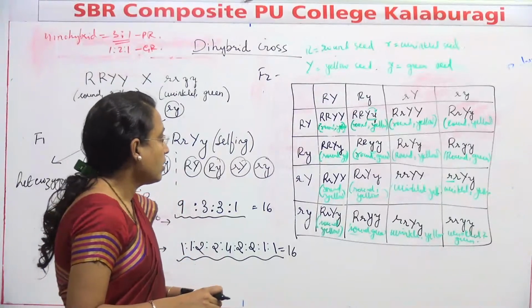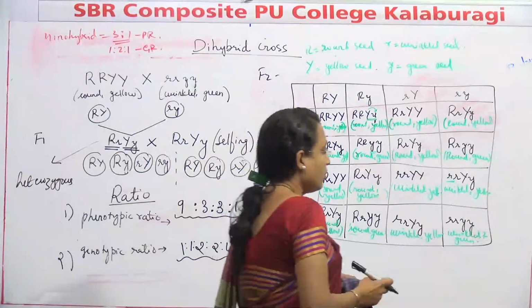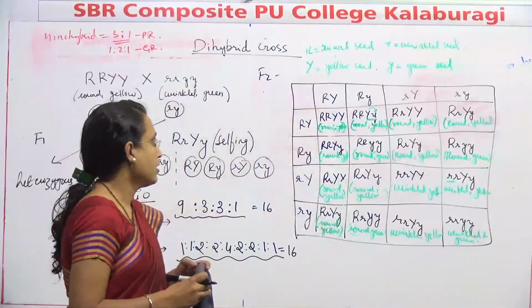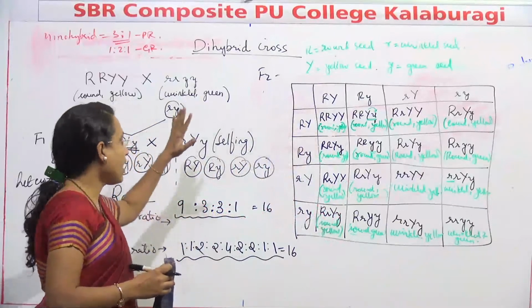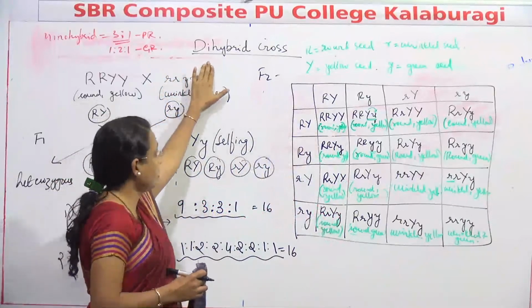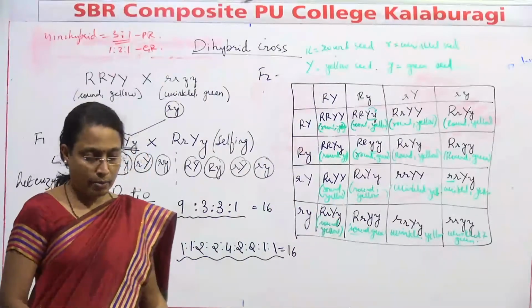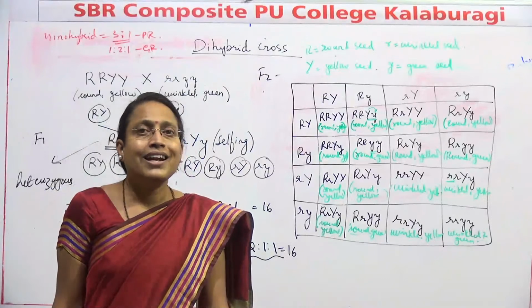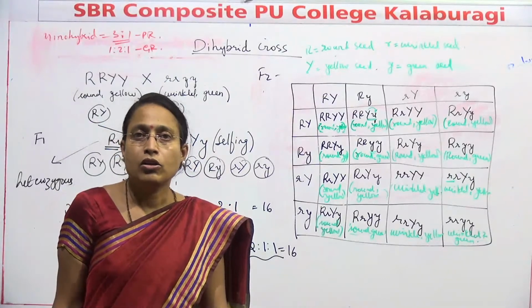So this completes the dihybrid cross. But what are the various concepts you can understand through the dihybrid cross? Certain points are there. That means the law of independent assortment.